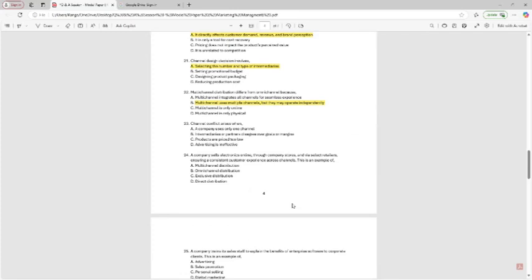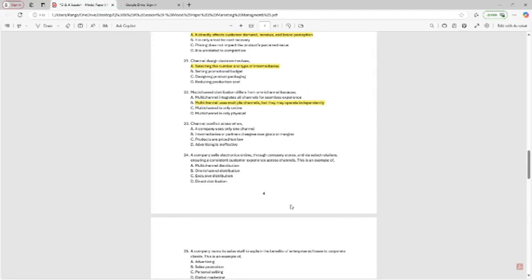So number 23. Channel conflicts arise when... That is an easy question. A, company uses only one channel? No. If it is only one channel, then there is no way to get confused or have conflicts. So A is incorrect. Intermediaries or partners disagree over goals or margin.